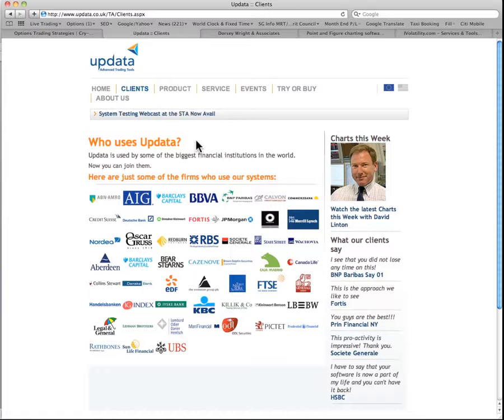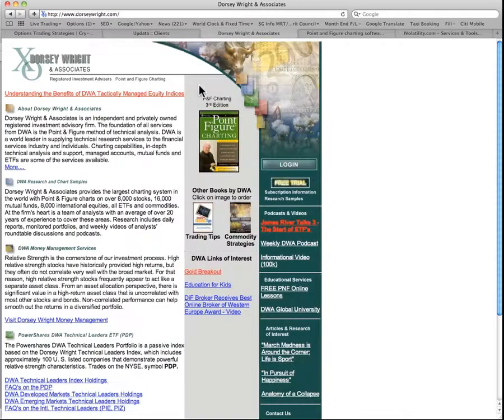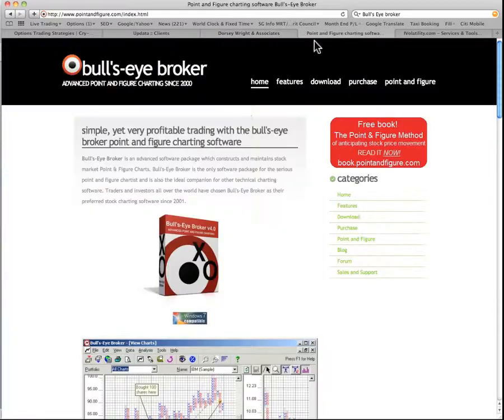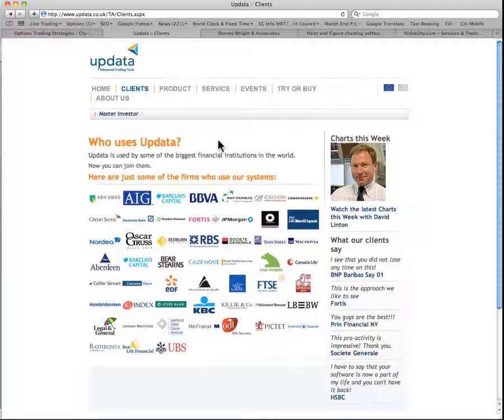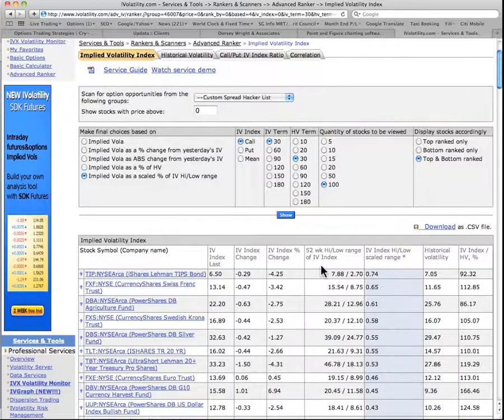Other firms that provide P&F charting include Dorsey Wright, as well as Bullseye Broker. But these two other firms are not able to provide log scale based point and figure charts with the inbuilt configurable scans that I've shown. The second input is I volatility.